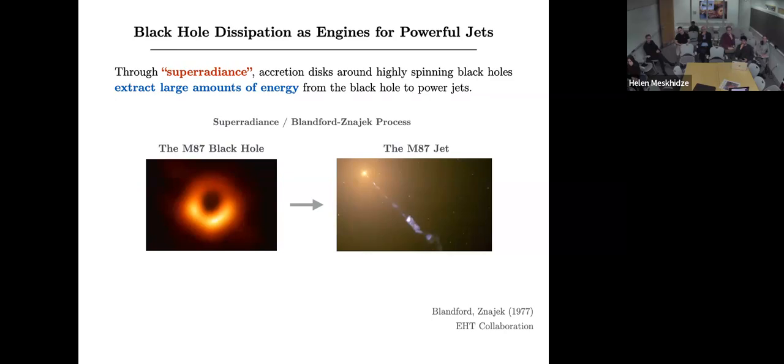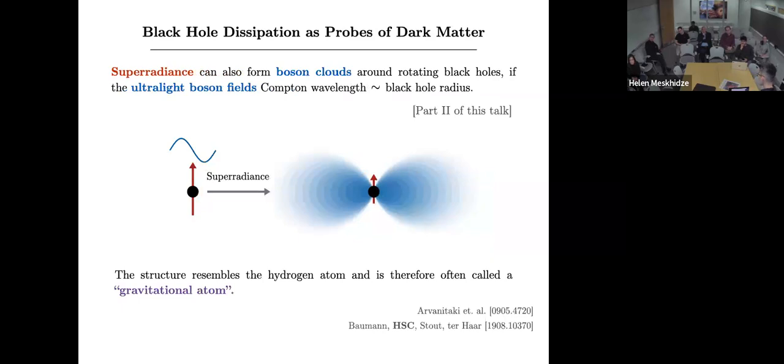And just to say that black hole dissipation and superradiance is actually very well understood in the astrophysics context. This process of launching highly energetic jets is often known as the Blandford-Znajek process. It's also remarkable that the same superradiance process is a very powerful probe of dark matter physics.